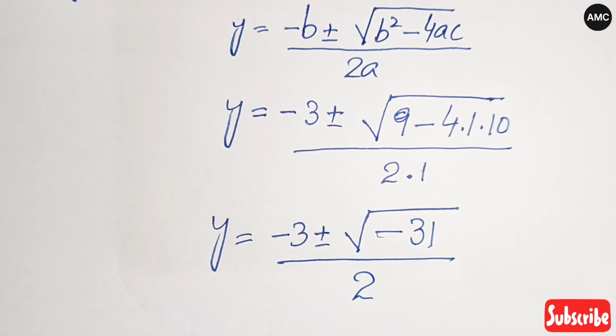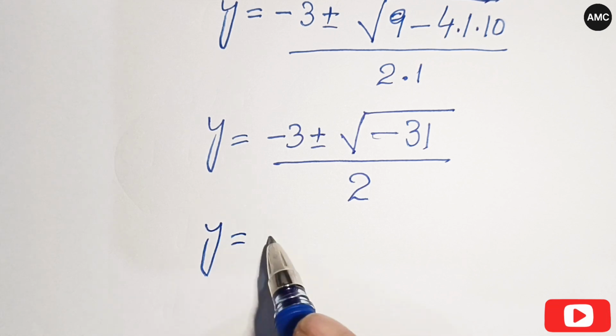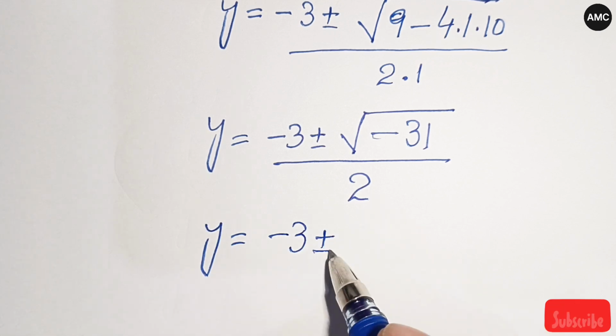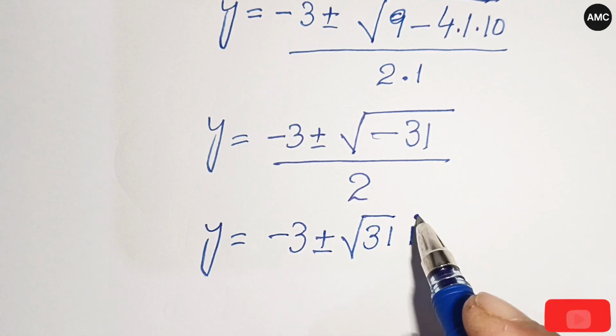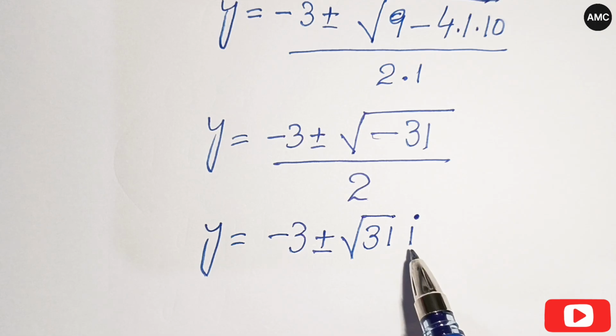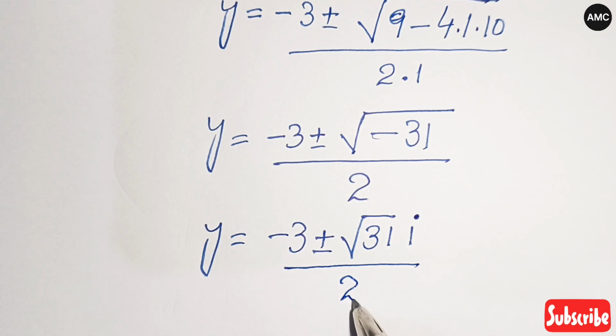1 is 2. Now here y is equal to minus 3 plus minus square root of minus 31, which can be written as square root of 31i, as we know that iota i is square root of minus 1, all over 2.